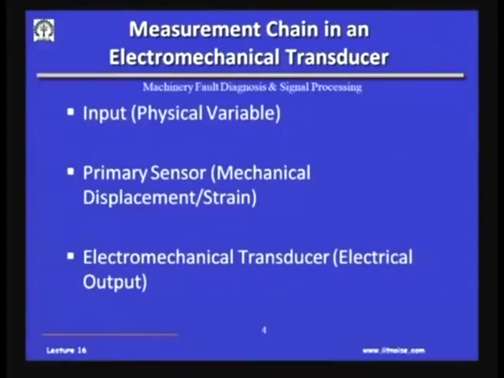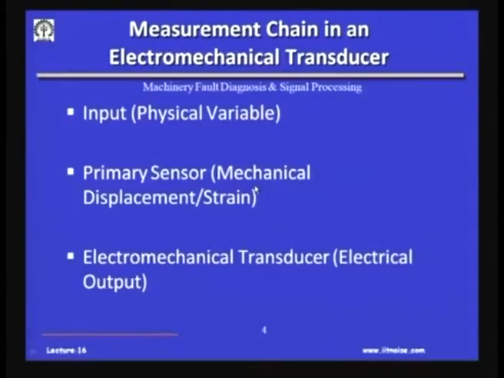But then these sensing elements, so if I was to go back to the discussion of the pressure gauge, the measurement chain in an electromechanical transducer is these three. One is the physical variable. The physical variable could be the load force in the case of a load cell, pressure in the case of a pressure gauge, but the primary sensor is that mechanical displacement or strain.